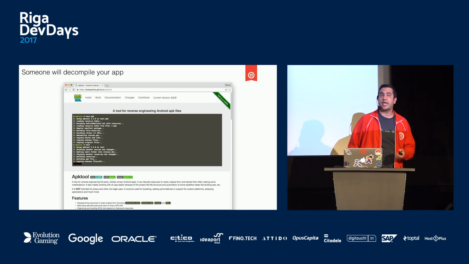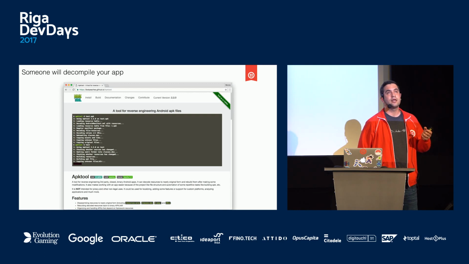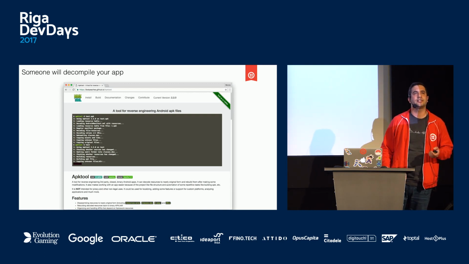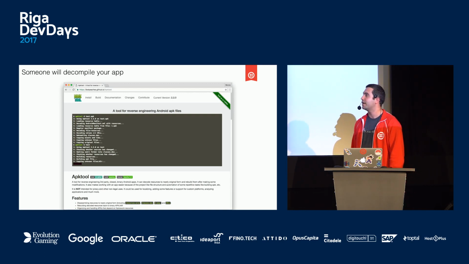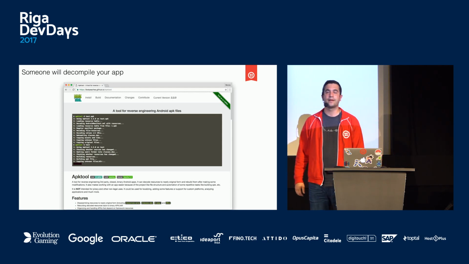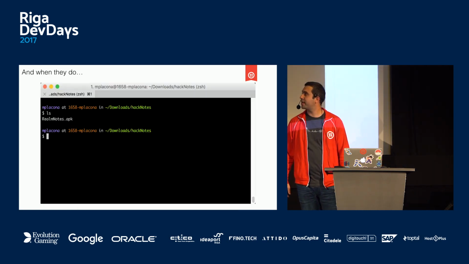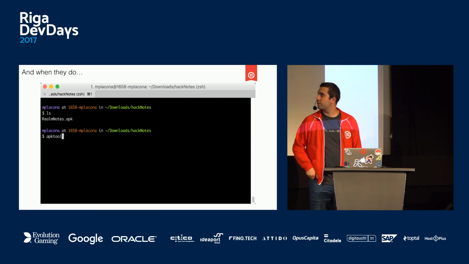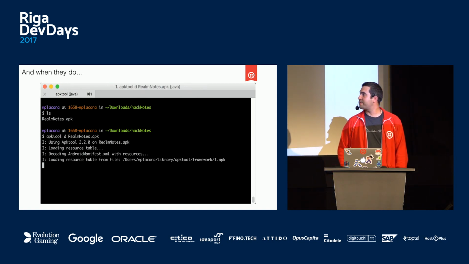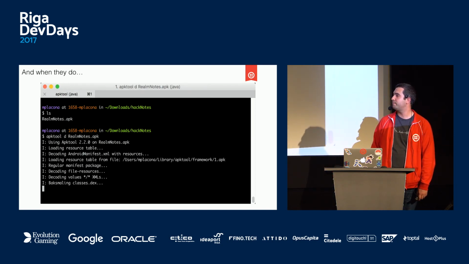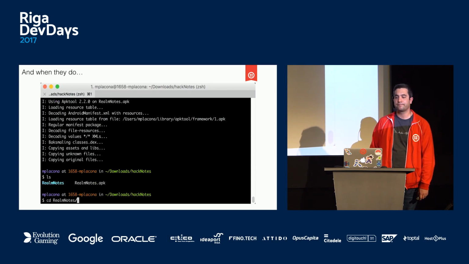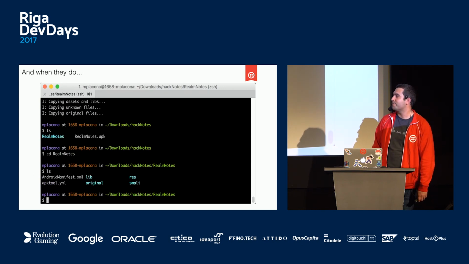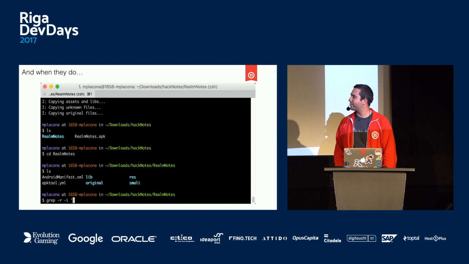So how do you go and decompile an application? It's easy to decompile a jar file or something. But the one thing about APKs, the one thing about Android applications, is the APK, which is the file you get when you compile your application, is just a zip file. And decompiling an application is as easy as this. You go apktool, name of the application, and boom, that's decompiled now. When you decompile this application, you now get access to everything that is inside of it.